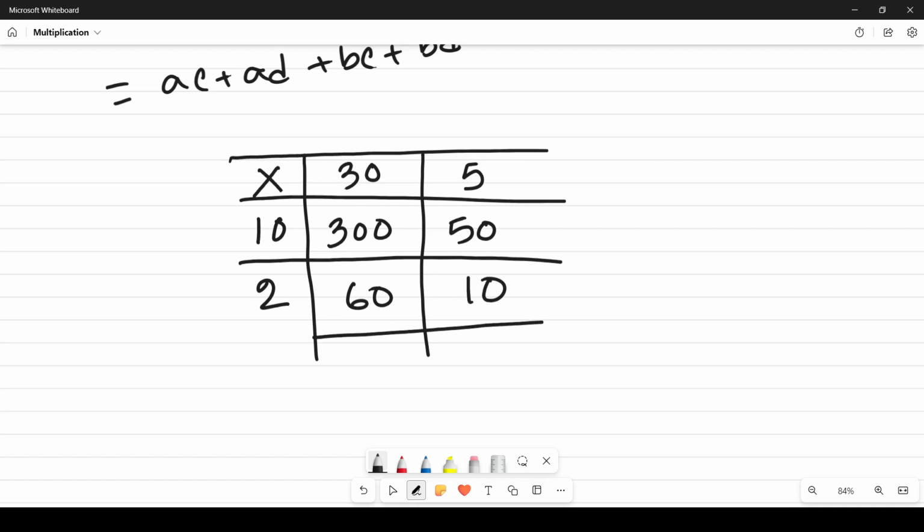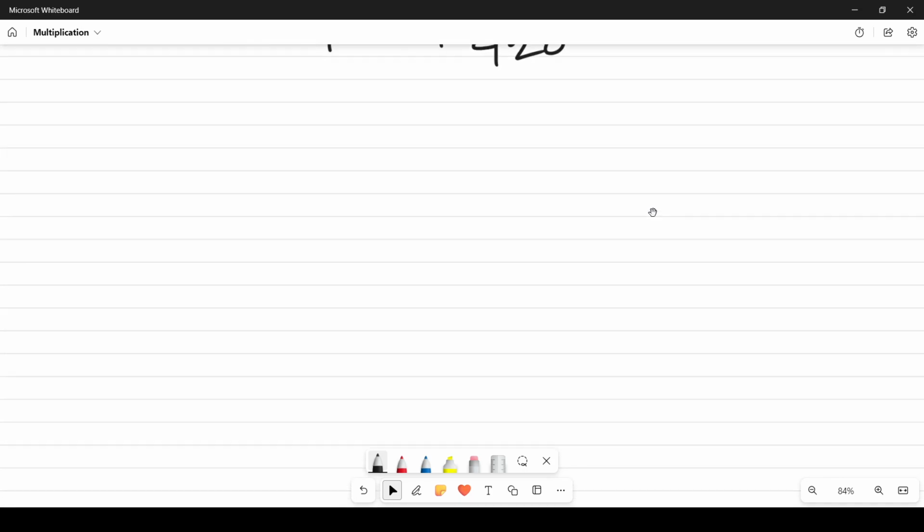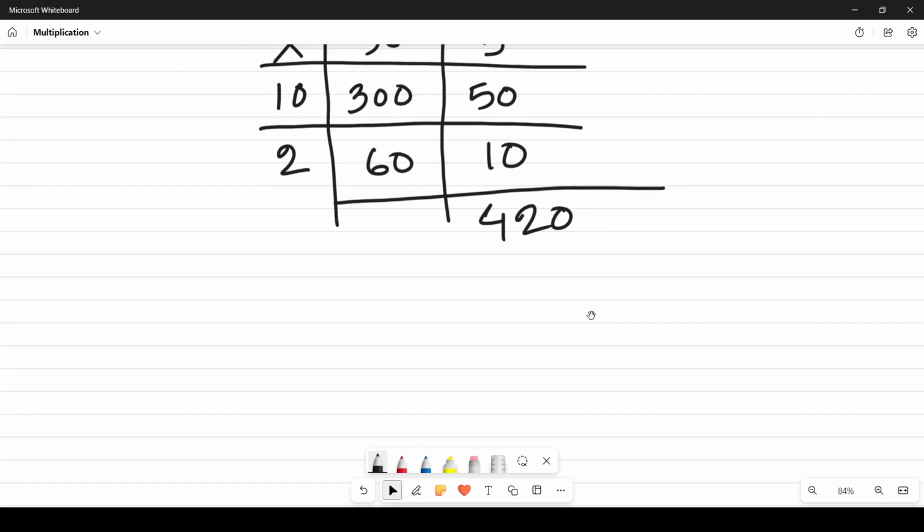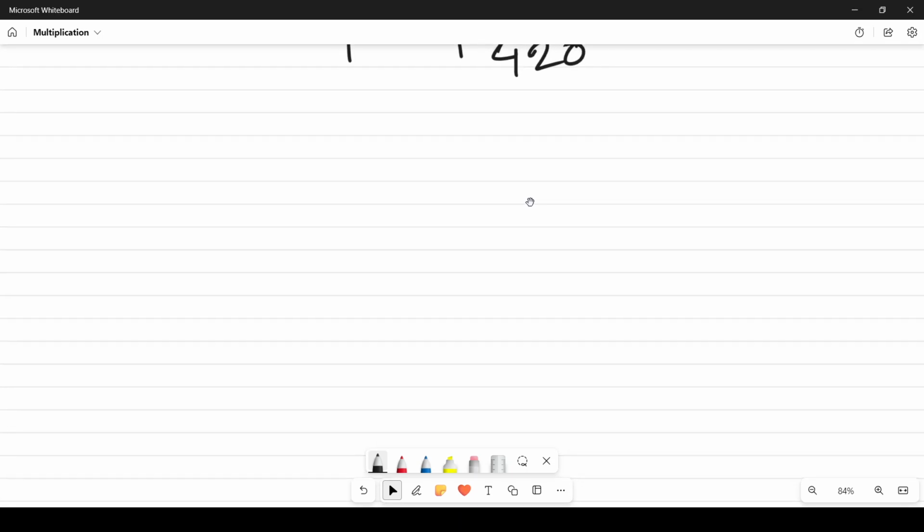And now we need to add everything which is in between this row and this column. So we get 300, 50, 10, 60, 120, 300 plus 120, 420. So this is the value of this multiplication, right? And we can multiply larger numbers with the same method easily.